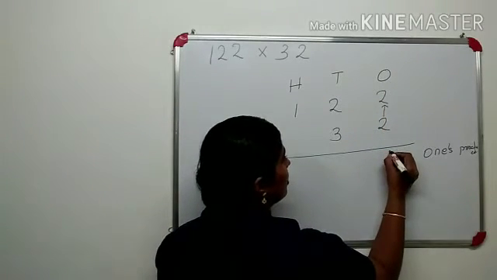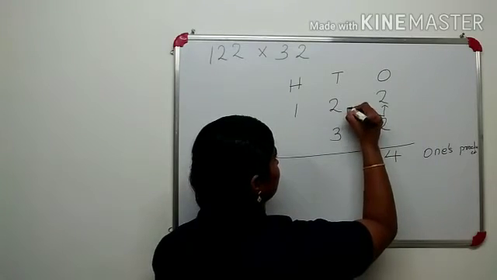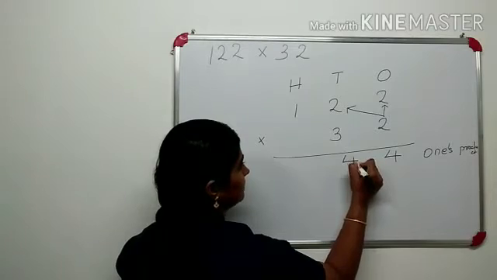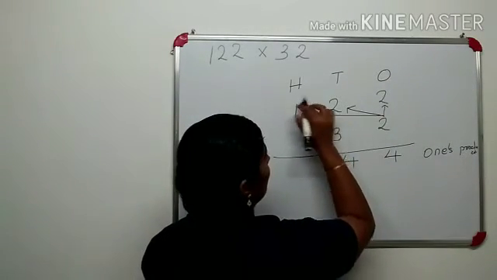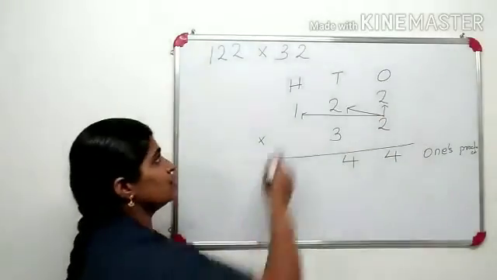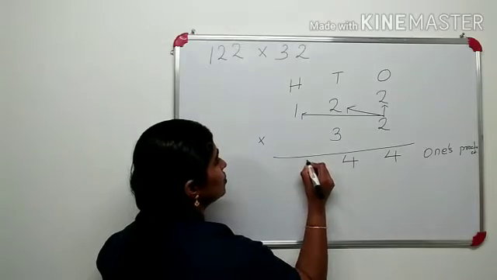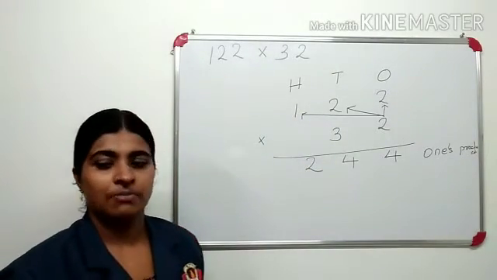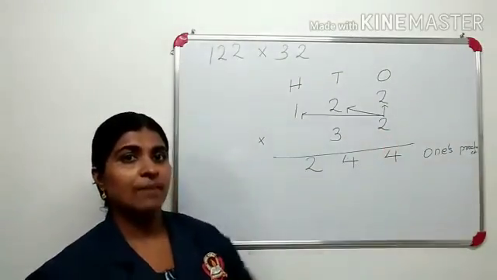Again 2 2s are 4 in tens place. Then 1 2s are 2 in hundreds place. So we finished our multiplication with the ones digit of the multiplier.